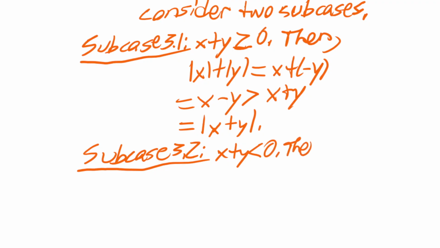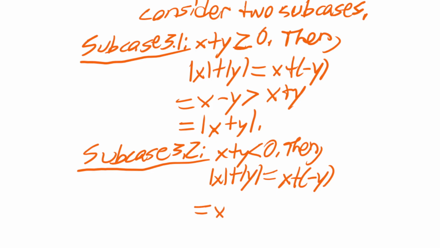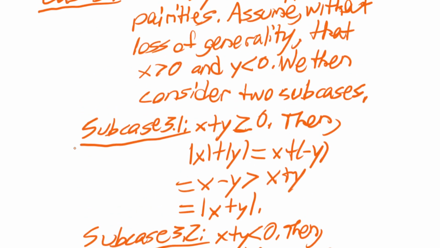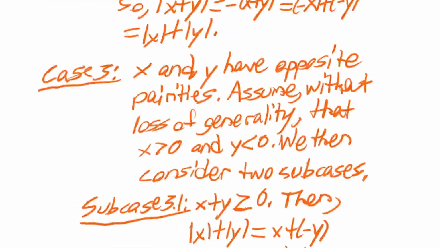So then we have the absolute value of x plus absolute value of y equals x plus negative y, which equals x minus y, which is strictly greater than negative x minus y, which equals negative x plus y, which equals the absolute value of x plus y.